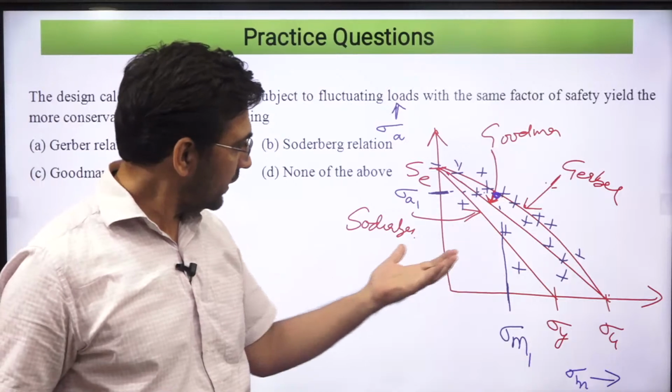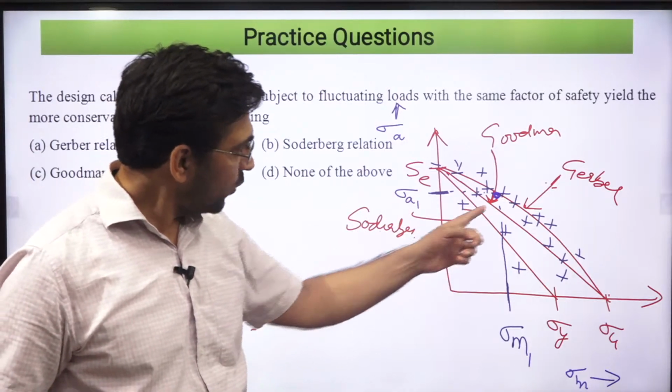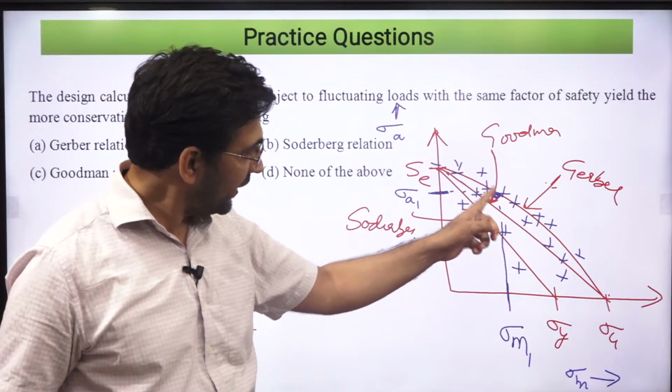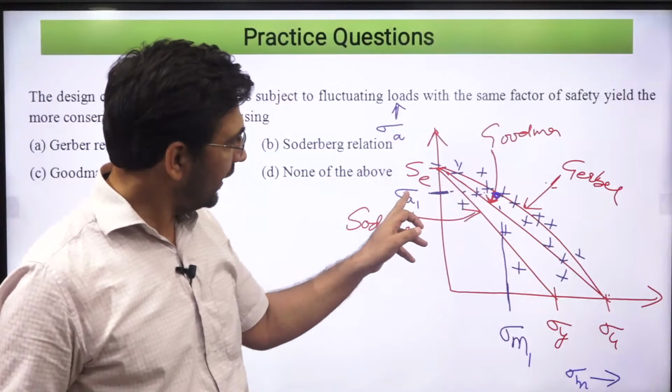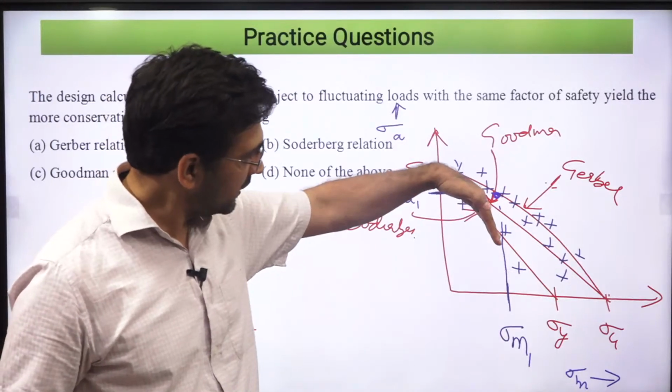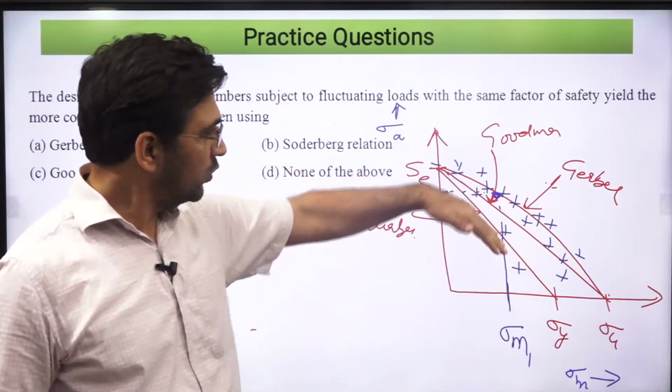But what as per Soderberg? As per Soderberg, the failure must have taken place well below this combination, because the limiting value lies on this particular line only. So it means you are playing very safe.